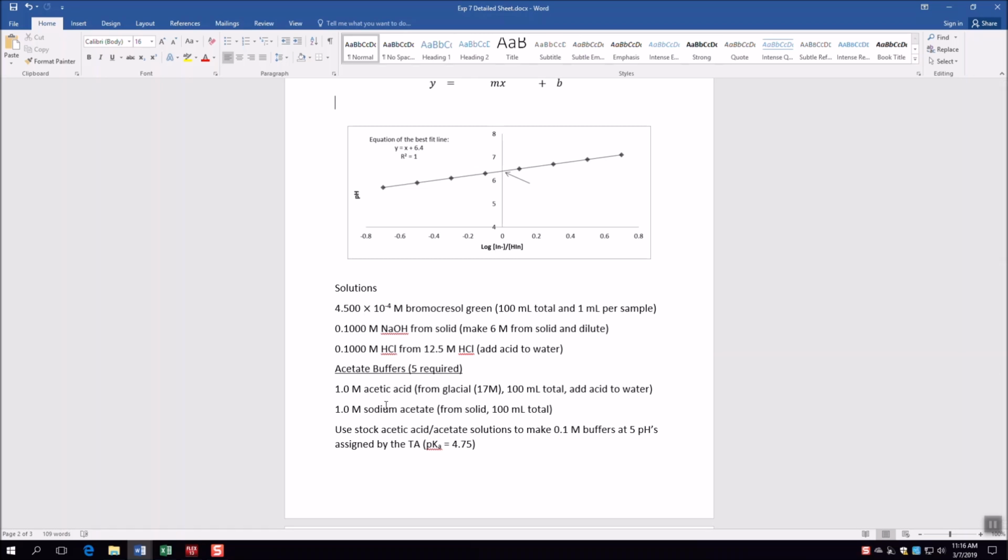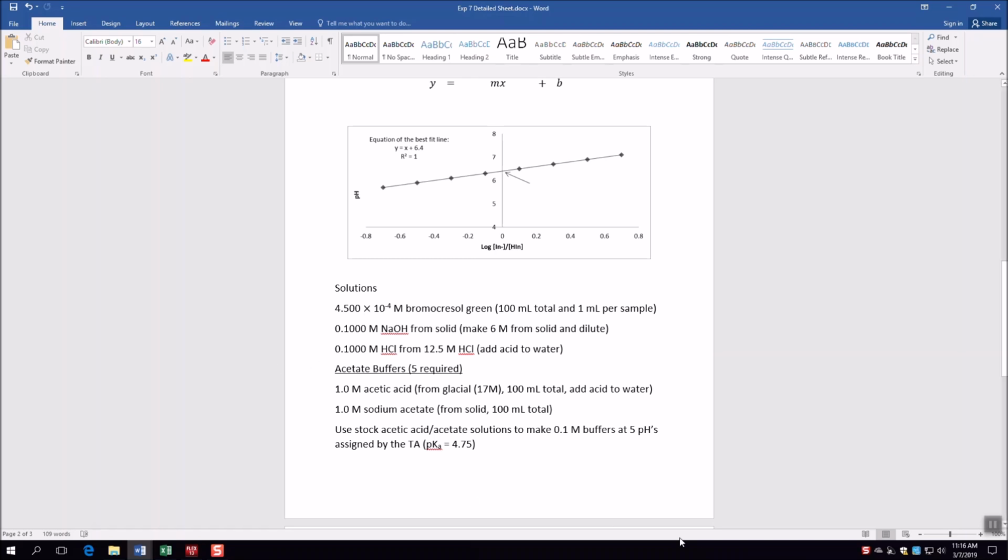You could set up your Excel sheet using the equation that I showed you before, so that all you need to do is type in your pHs and your volumes of solutions will fill themselves out automatically. I strongly recommend that you consider doing that prior to the lab so that you don't have to spend your precious time in lab solving for those equations.